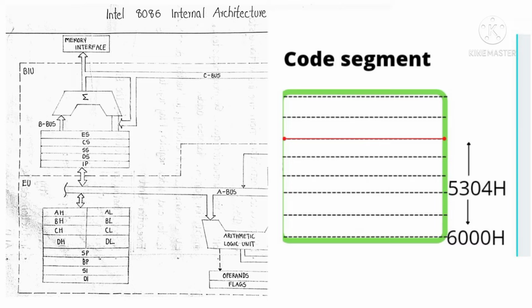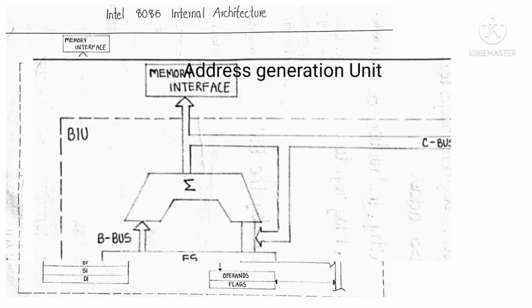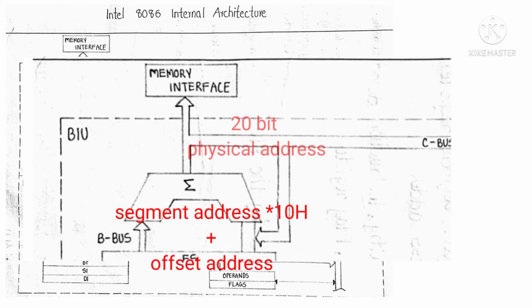Next is the instruction pointer, which is used to store the offset address. Offset address, that also I have explained in the previous video. So it is used to store the offset address of the code segment. Next is the address generation unit, which will generate a 20-bit physical address using its segment address and offset address.